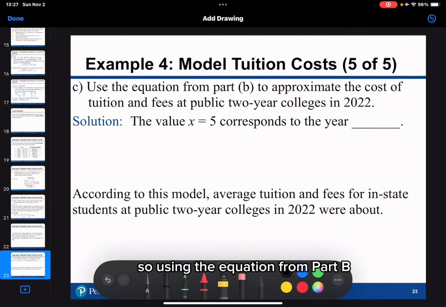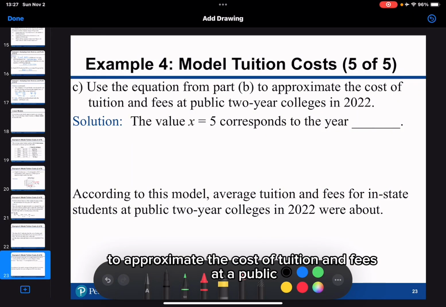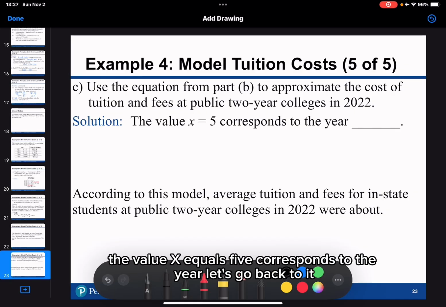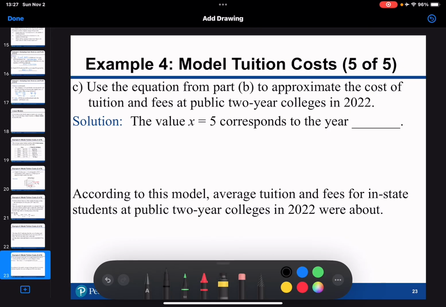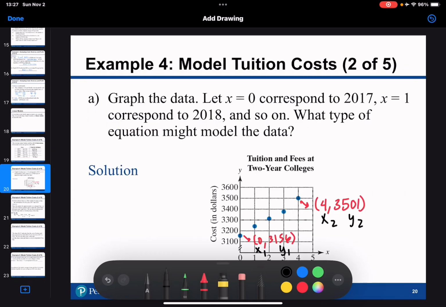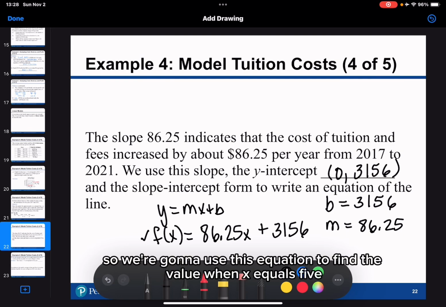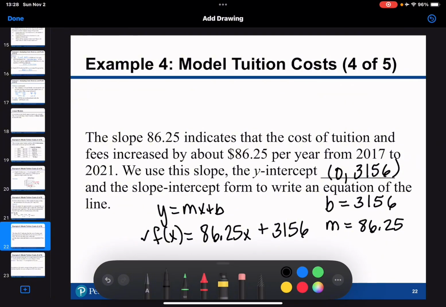Now, using the equation from Part B to approximate the cost of tuition and fees at a public 2-year college in 2022, the value x equals 5 corresponds to the year. Let's go back to the equation that we just wrote. We're going to use this equation to find the value when x equals 5.